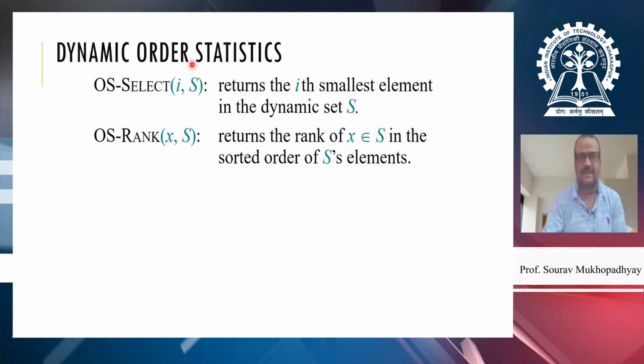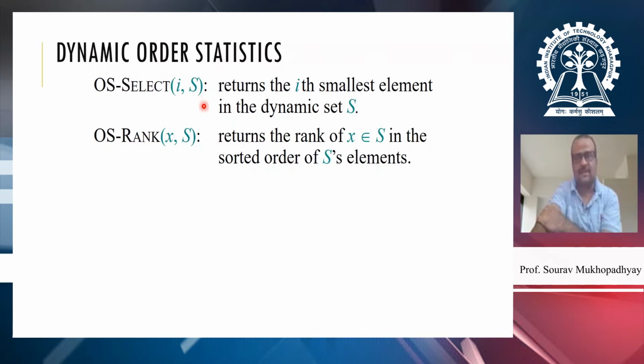In our earlier lecture we discussed this where set S is static. We are given some keys and need to find the ith smallest element. But here the challenge is that we want this set S to be dynamic. That means somebody should be able to join this set, and we should be able to delete somebody from this set.